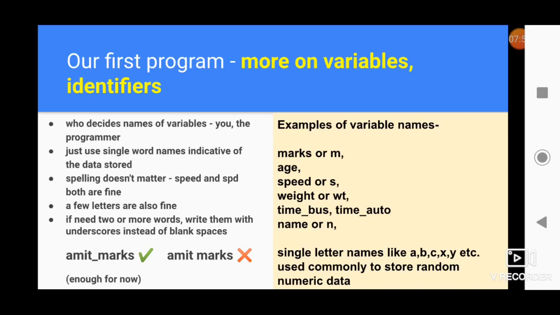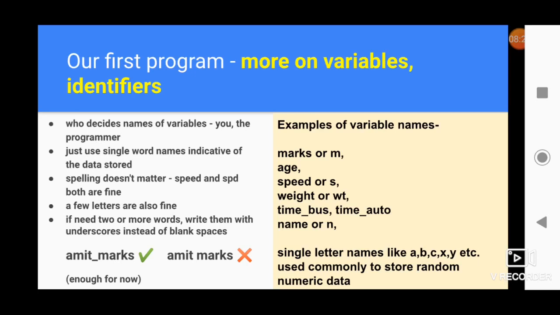For example, we used PR, which stands for principal amount, which indicates that this variable will be used to store the principal amount. ROI indicates that it will be used to store the rate of interest. Now the next thing you have to understand is that we said you should use a single word name as far as possible.